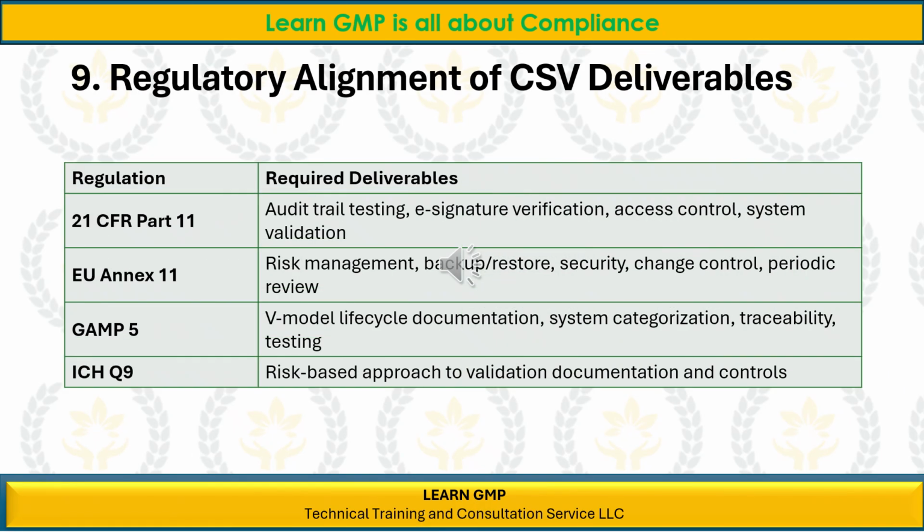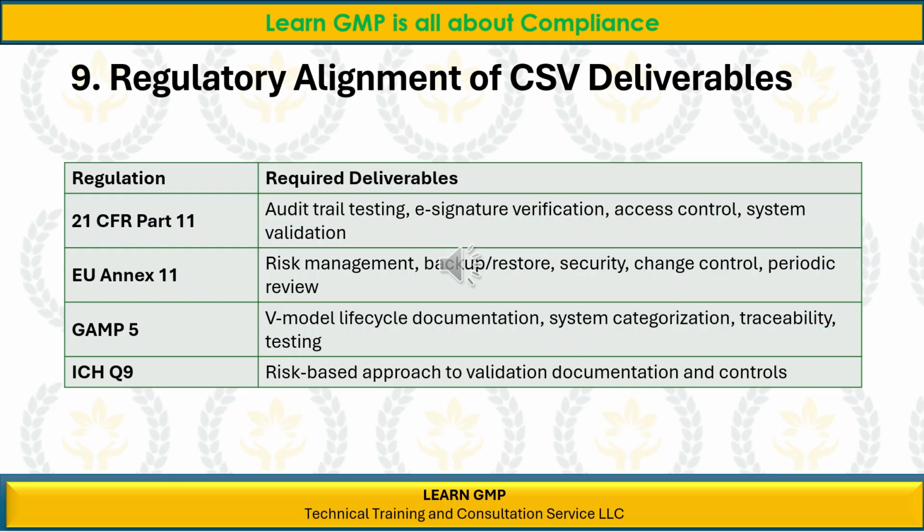Regulatory alignment of CSV deliverables. Regulation: 21 CFR Part 11. Required deliverables: Audit trail testing, e-signature verification, access control, system validation. Regulation: EU Annex 11. Required deliverables: Risk management, backup/restore, security, change control, periodic review.